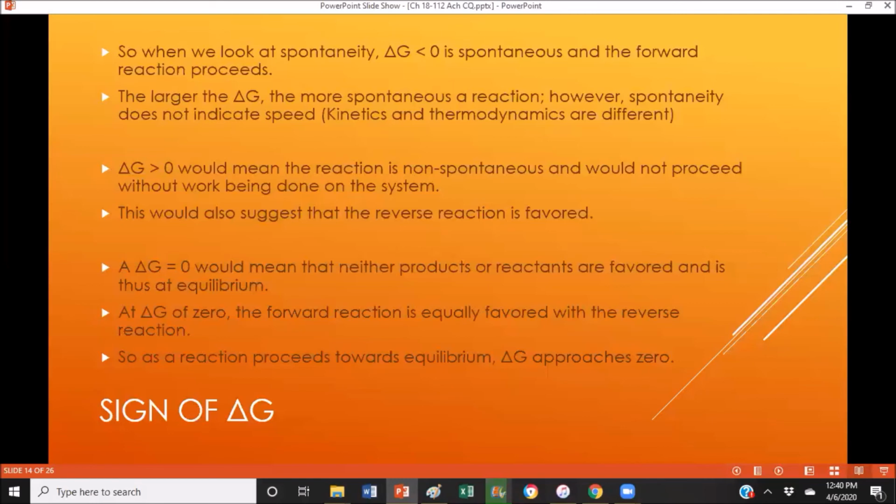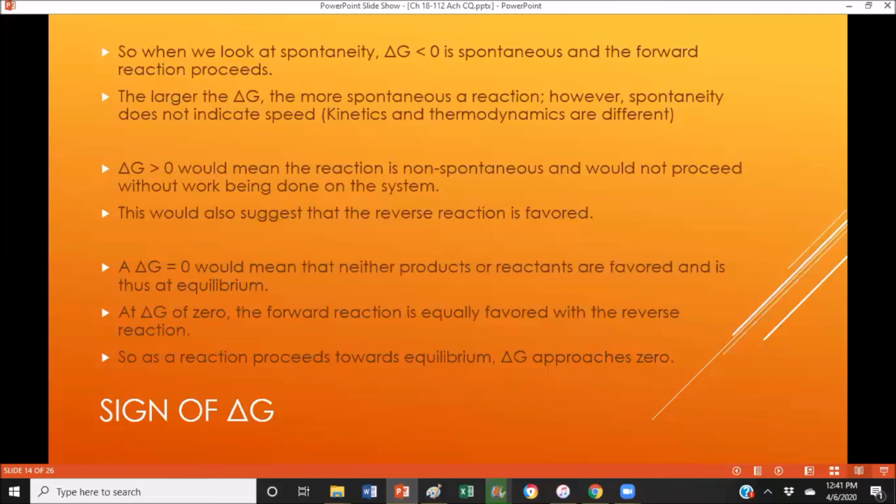So we've looked at negative delta G, we've looked at positive delta G. What's between negative and positive? That is 0. When delta G is 0, it means it's neither product favored nor reactant favored. It's neither going to go forward nor reverse. It's at equilibrium. It can go backwards, but it's also going to go forwards at the same rate.